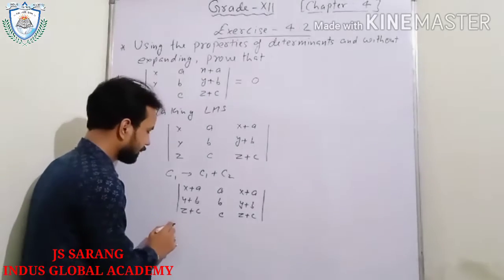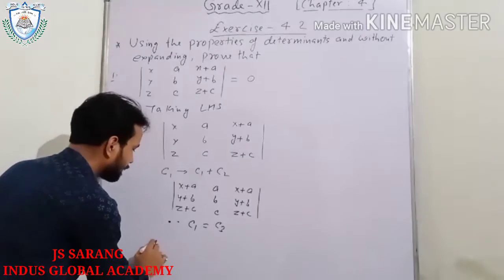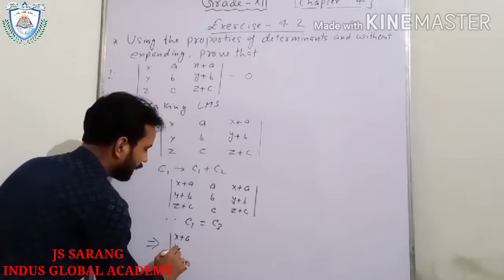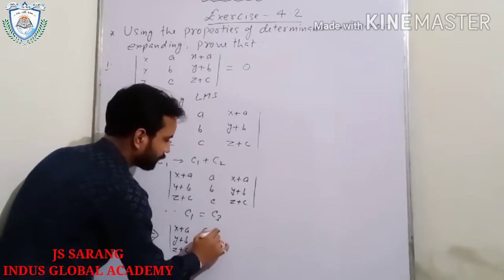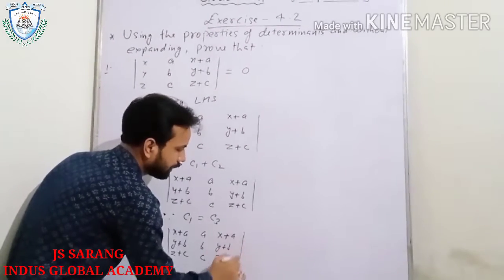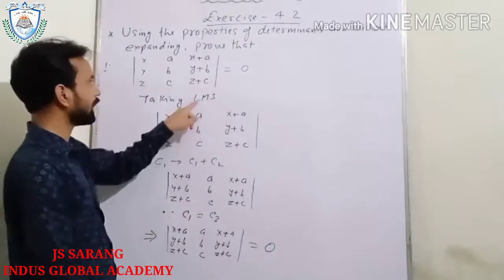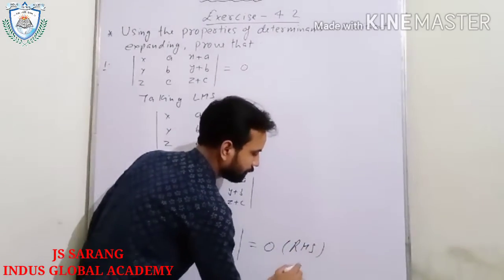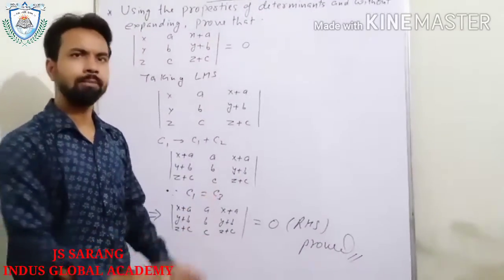So you have to write, since C1 equals C3, hence it implies that the determinant is equal to 0. If it is equal to 0, then we can say that LHS is equal to RHS. Hence it is proved. Clear? Hope it is clear to everyone.